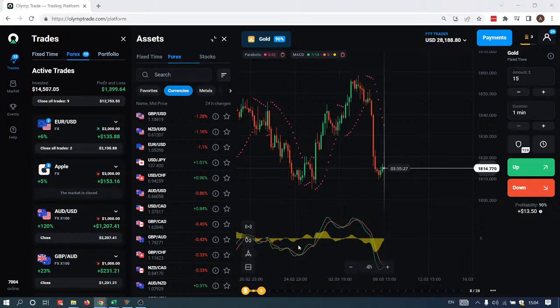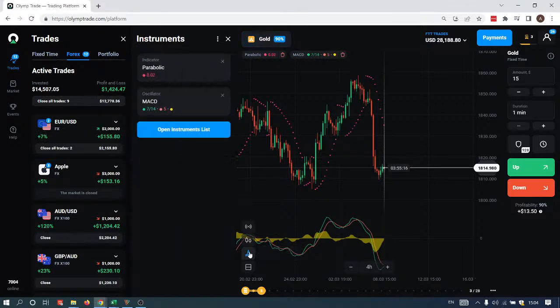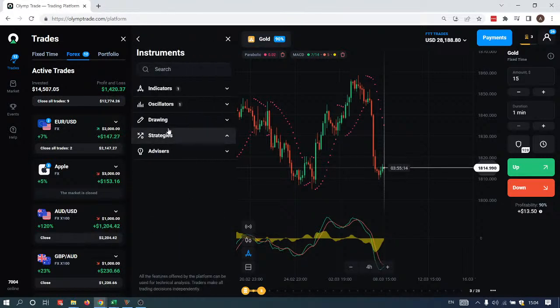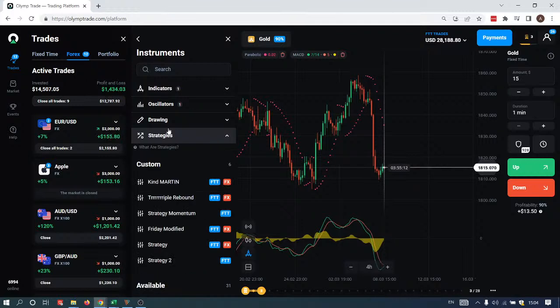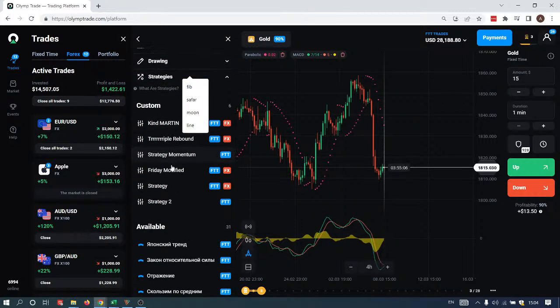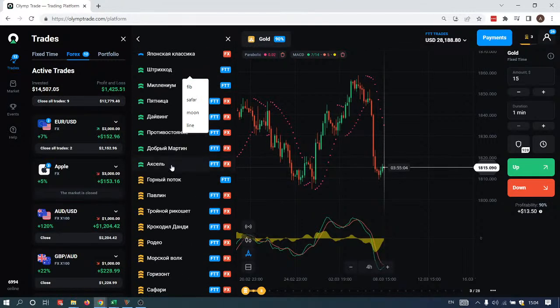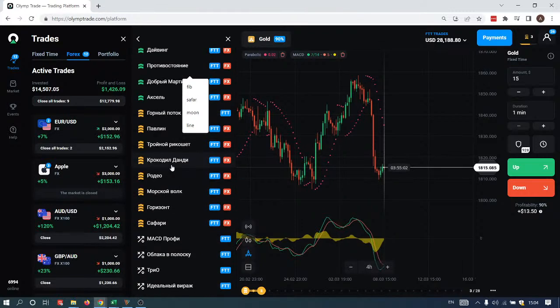All right. So the first thing we need to do is click this technical analysis button here, and press open instruments list, and then we have two choices. We can either start typing the triple rebound strategy, or we can select it here.